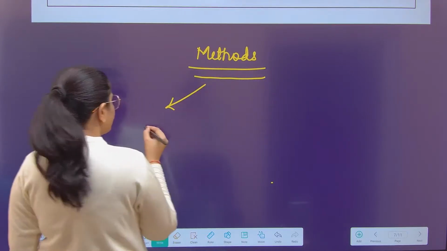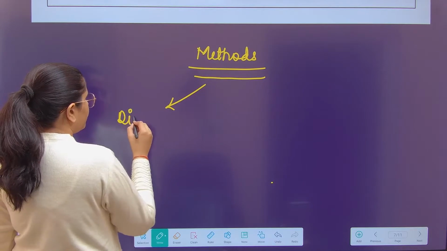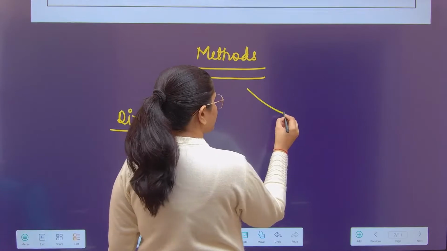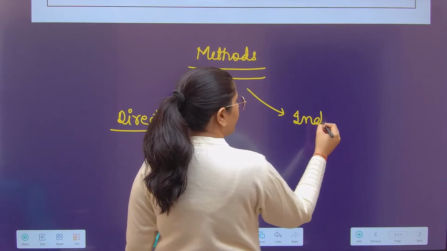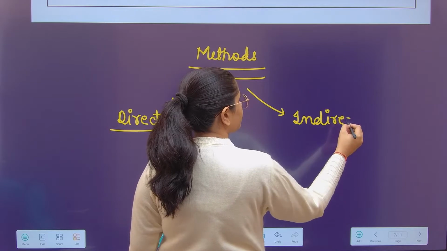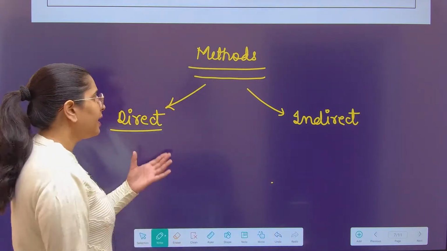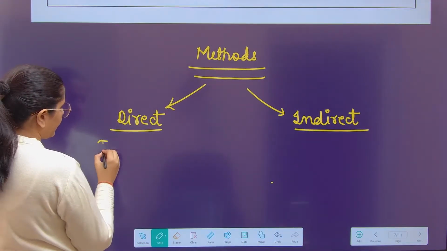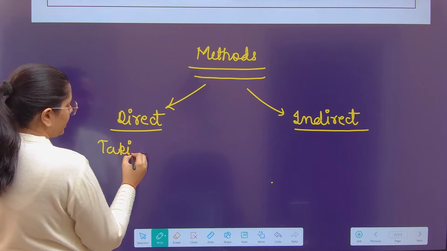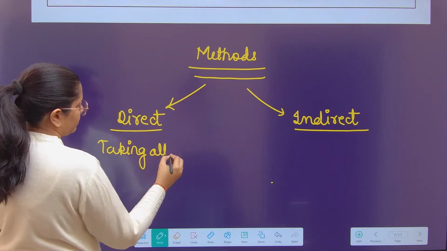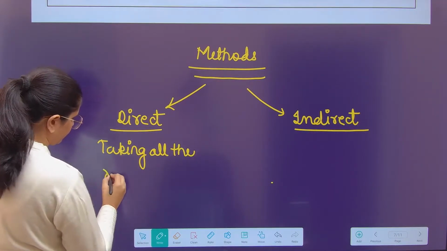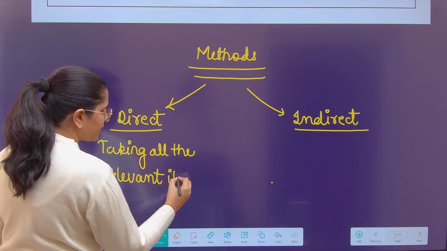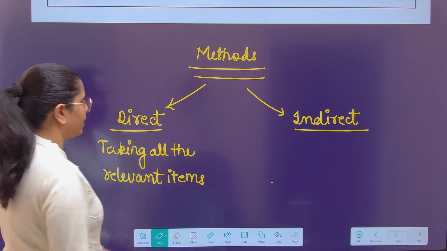We are calling one the direct method and another one the indirect method. Direct method means taking all the relevant items. Take all the relevant items and do the calculation. That is the direct method for you.